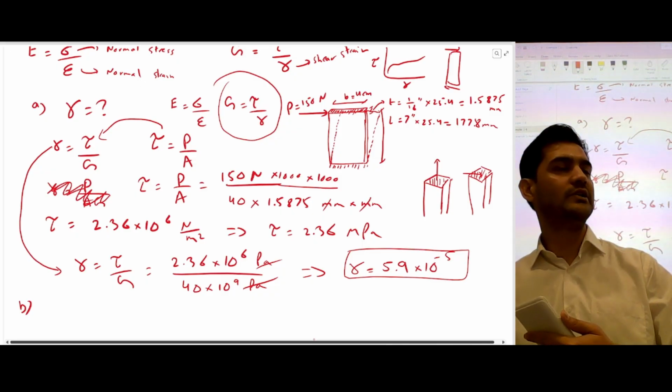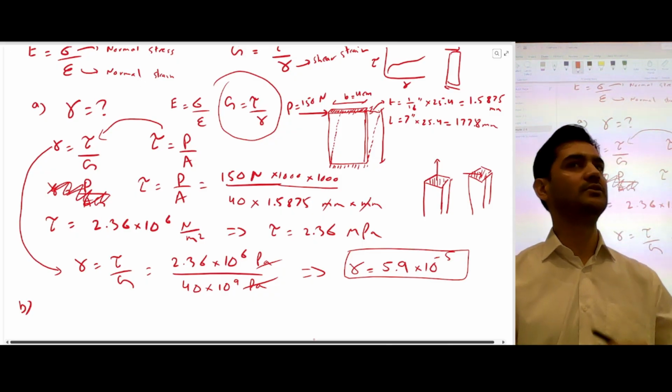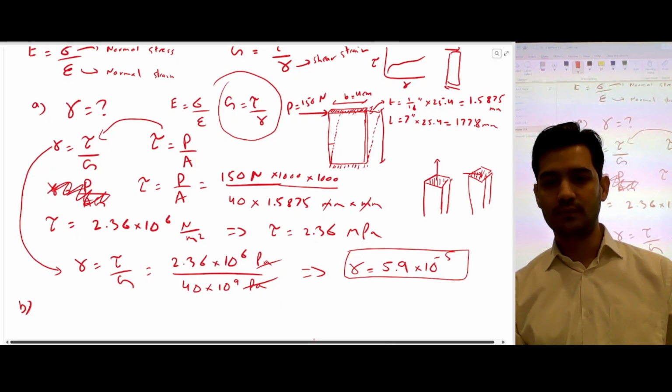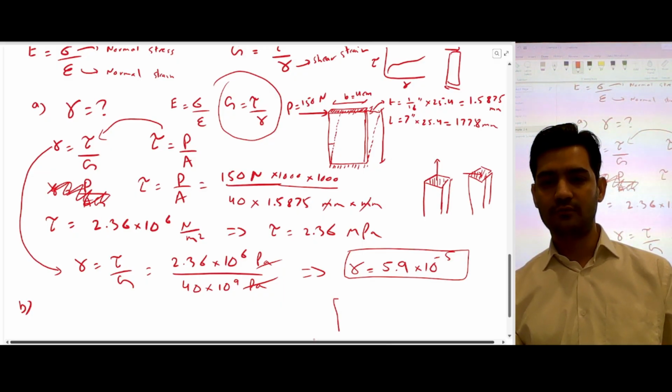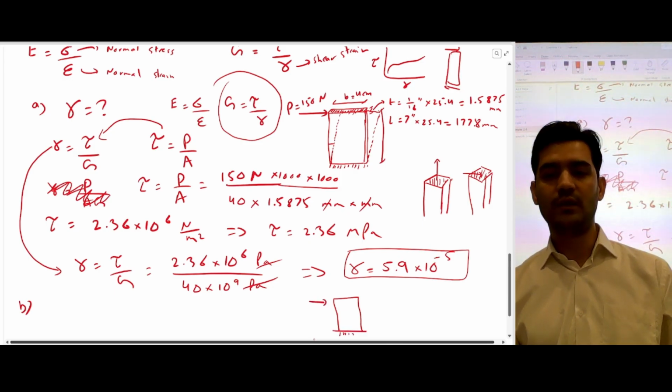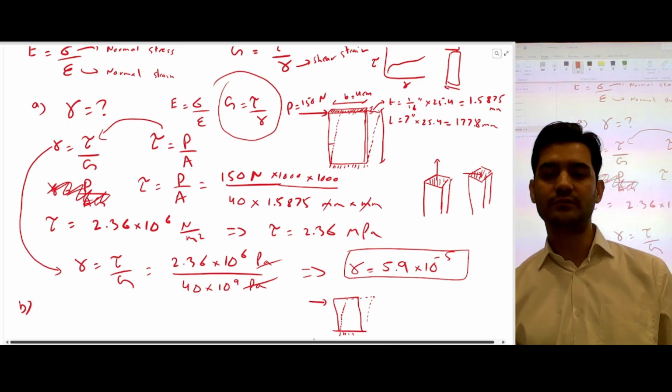It's going to cause shear stress, and because of the shear stress, you're going to see angular distortion. So if this is our brass beam, if you apply a force, the brass beam will have angular distortion.